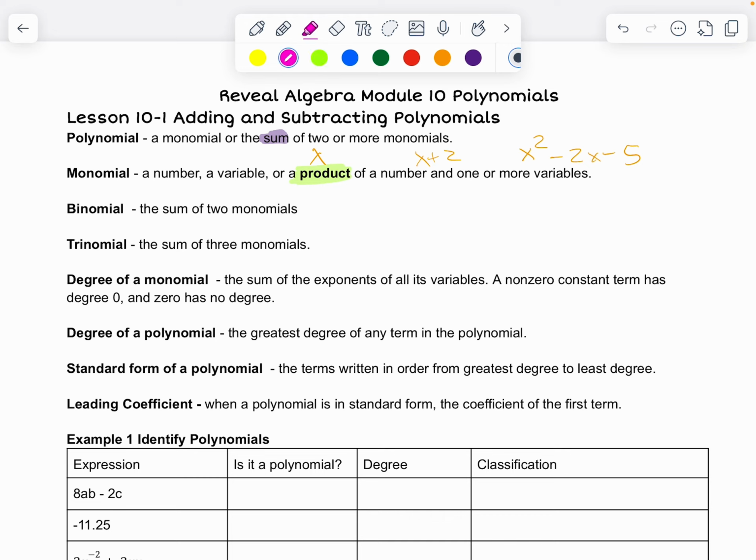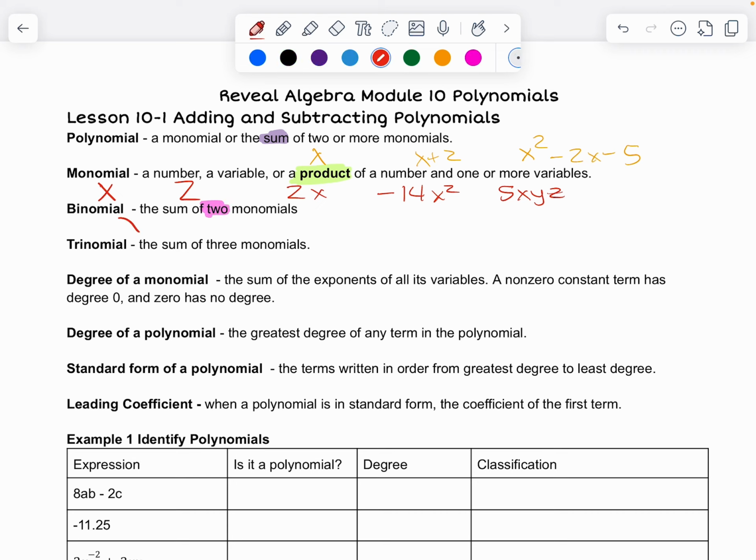So a monomial is x, 2, 2x, negative 14x squared. Those are all monomials. You could actually have 5xyz. There's no addition or subtraction. It's all multiplication.